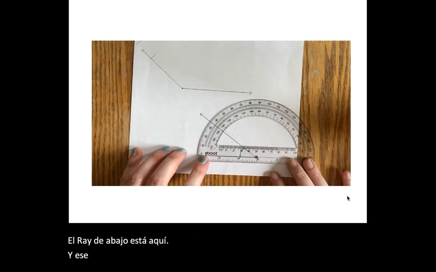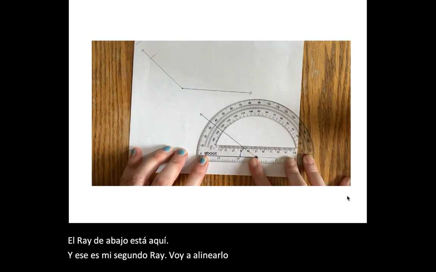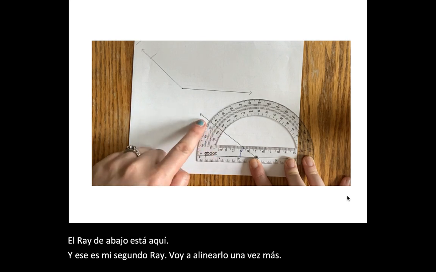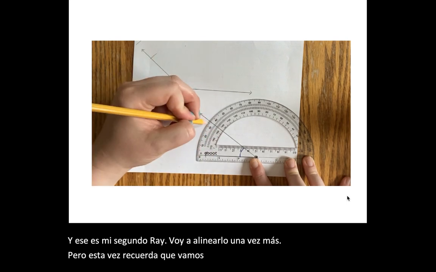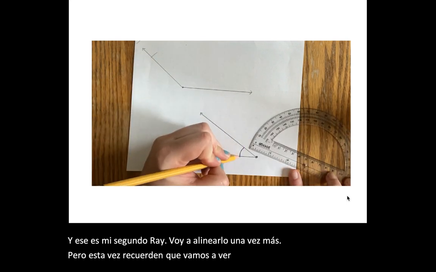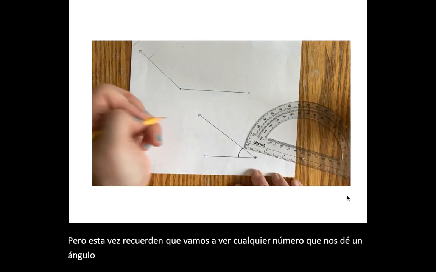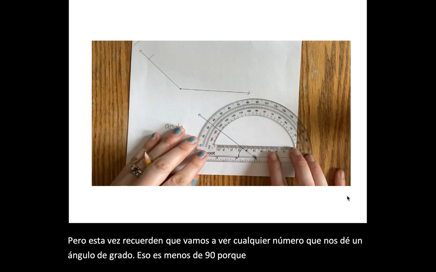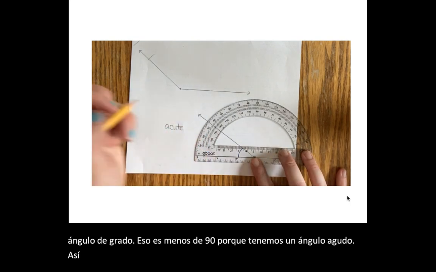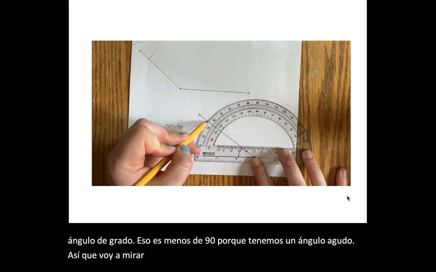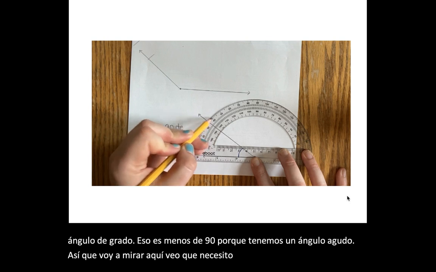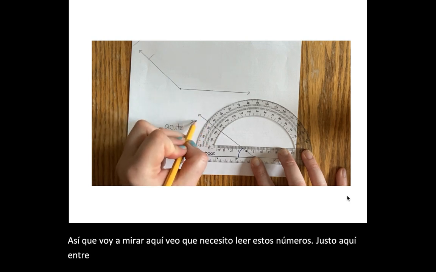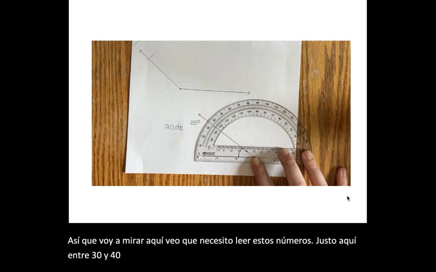I'm going to line it up once again, but this time, remember, we're going to be looking at whatever numbers give us a degree angle that's less than 90 because we have an acute angle. So I'm going to look here, and I see that I need to read these numbers right here between 30 and 40. And so this is a 35 degree angle. So that looks a little different than the other ones we did.